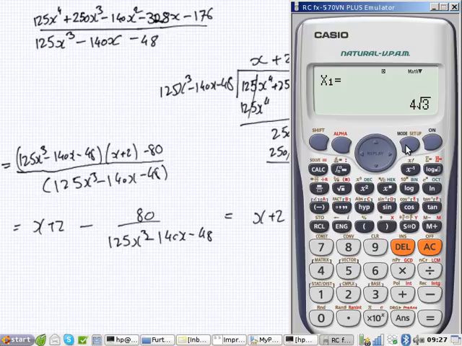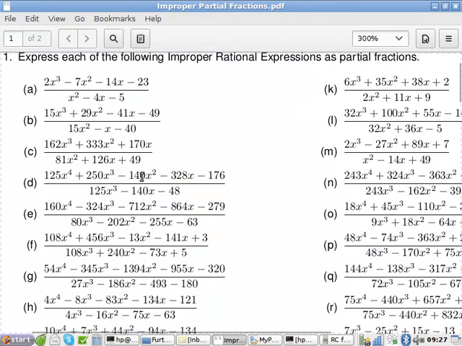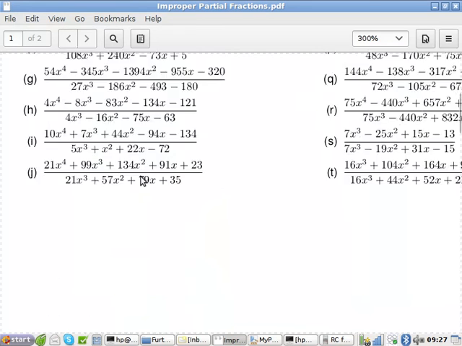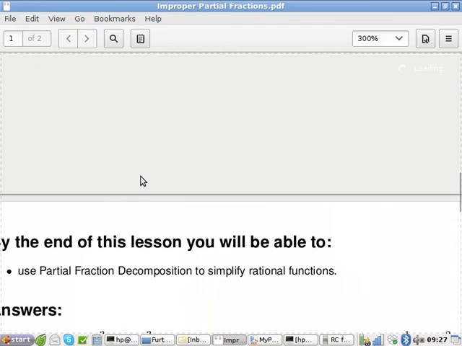Not good. Maybe it is. Which one is this? D, yeah. D. No, it's not. I made a mistake somewhere.